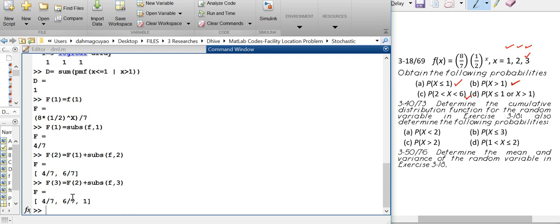So this is the cumulative distribution function. We start with 0 and then 4 over 7 plus 2 over 7, 6 over 7 plus 1 over 7. So that is 1. Now, this is the cumulative distribution function. So, what is the probability of x less than 2? So, we can now write f of x.